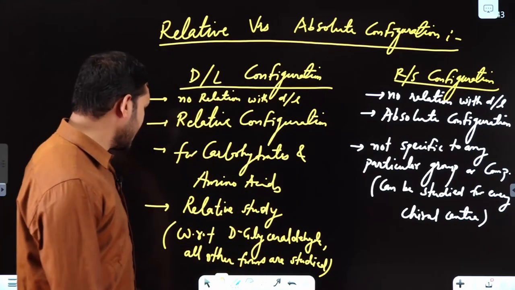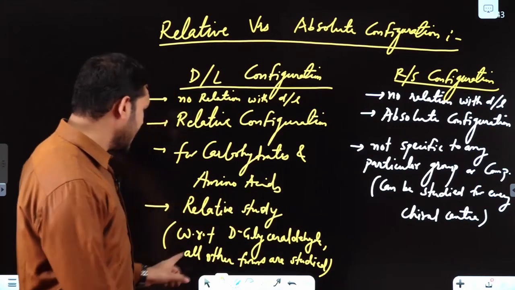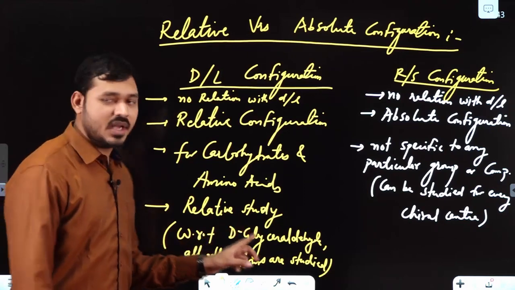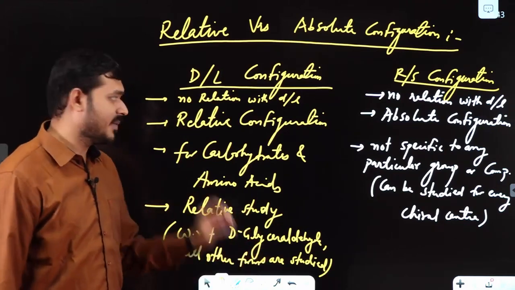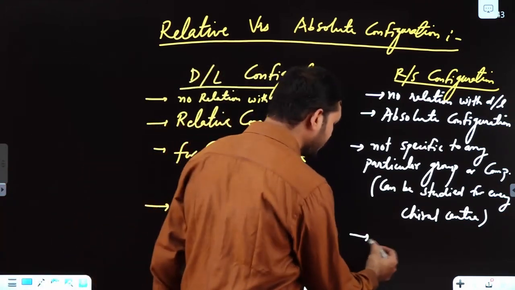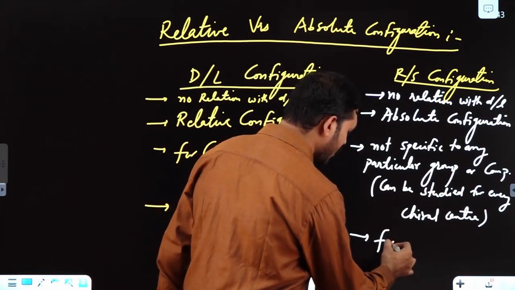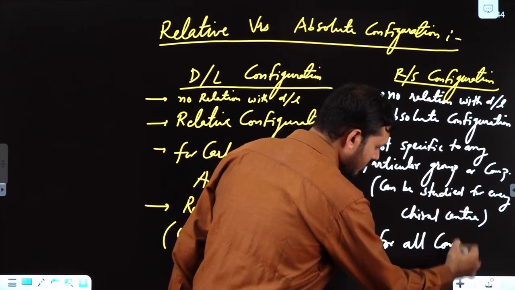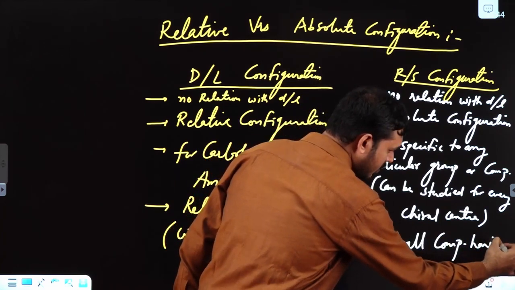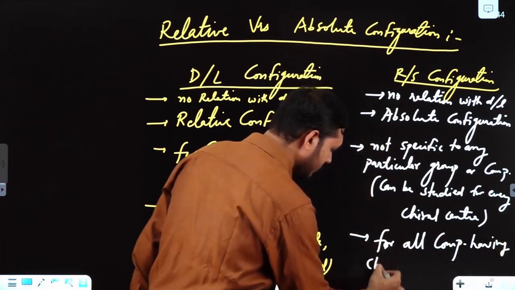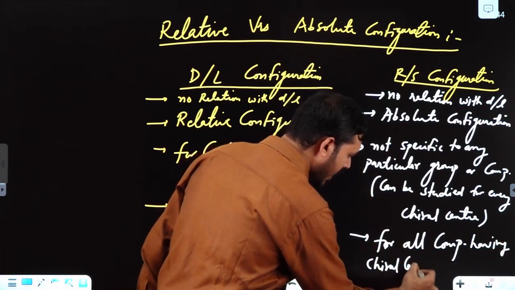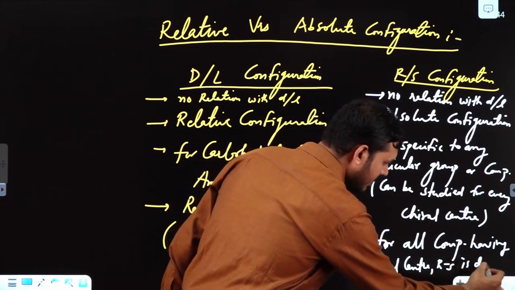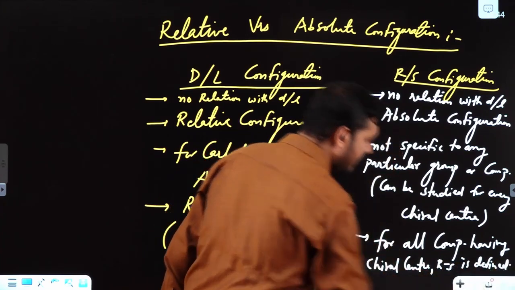Now, relative study: with respect to D-glyceraldehyde, all other forms are studied. And this is absolute study. For all compounds having a chiral center, RS is defined.